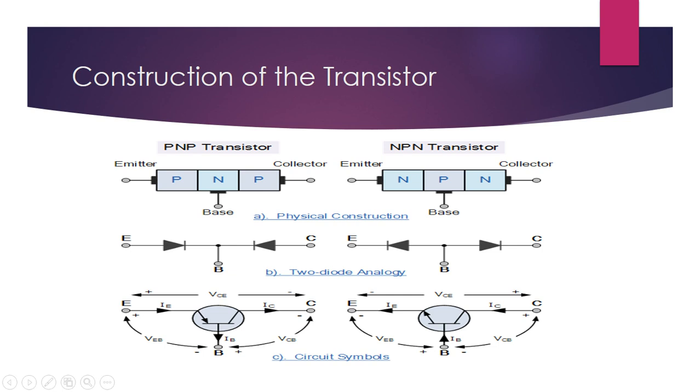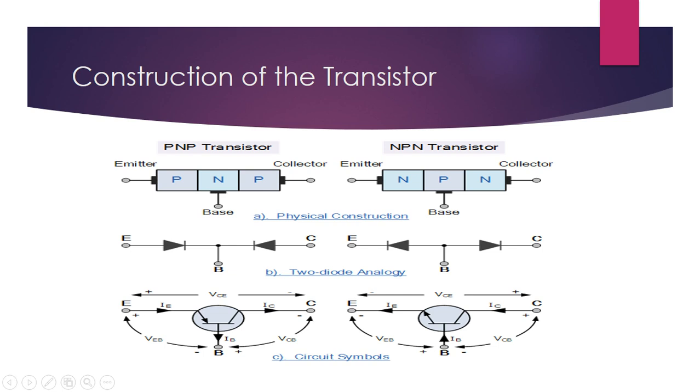On the other hand, the wider region, the reverse bias region, is known as the collector region. The collector region is used to collect the electrons from the emitter region, through the base region, towards the collector region. It should be noted that the electrons from the emitter pass through the base to the collector.